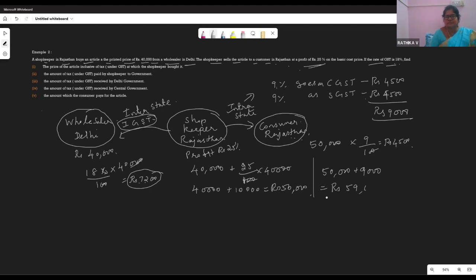So this is the calculation. Now the questions. The first question is the price of the article inclusive of tax under GST at which the shopkeeper bought it. So how much did the shopkeeper buy it for including GST?